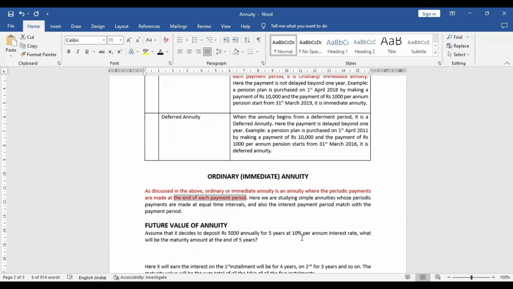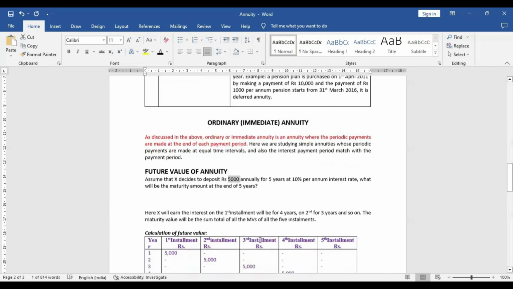The second year deposit will remain with the institution for the next 3 years. Third year for 2 years. Fourth year for 1 year. And for the 5th year, the 5,000 will remain as 5,000. No interest will be generated because this amount of 5,000 will be deposited at the end of the 5th year, when the term or the plan is going to mature.